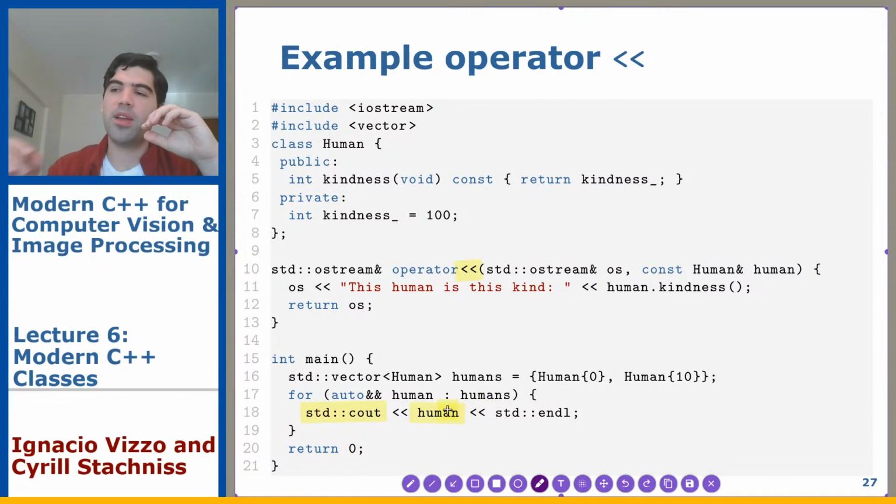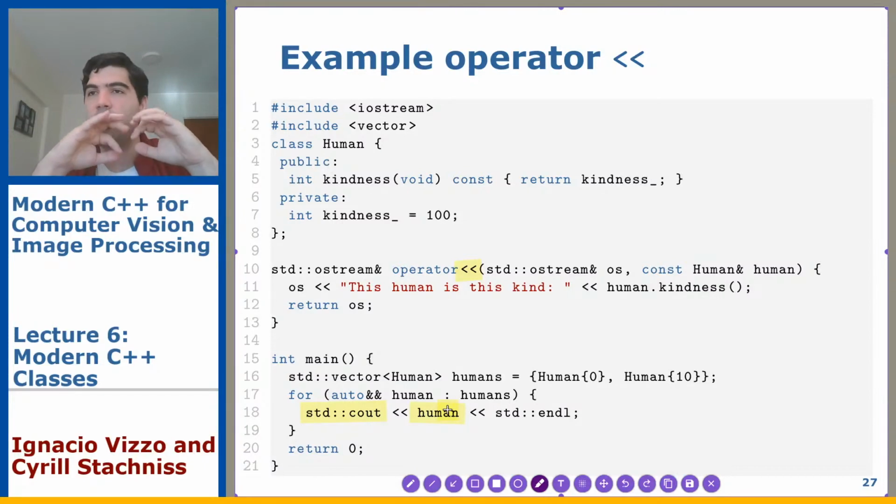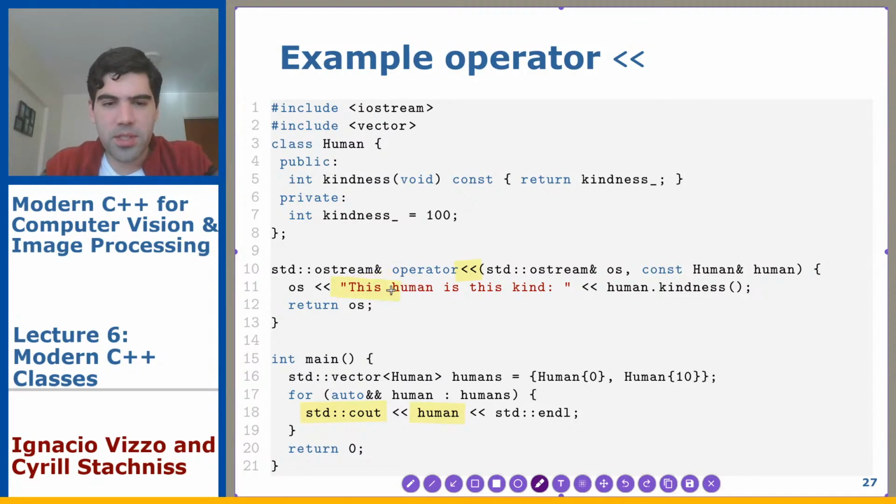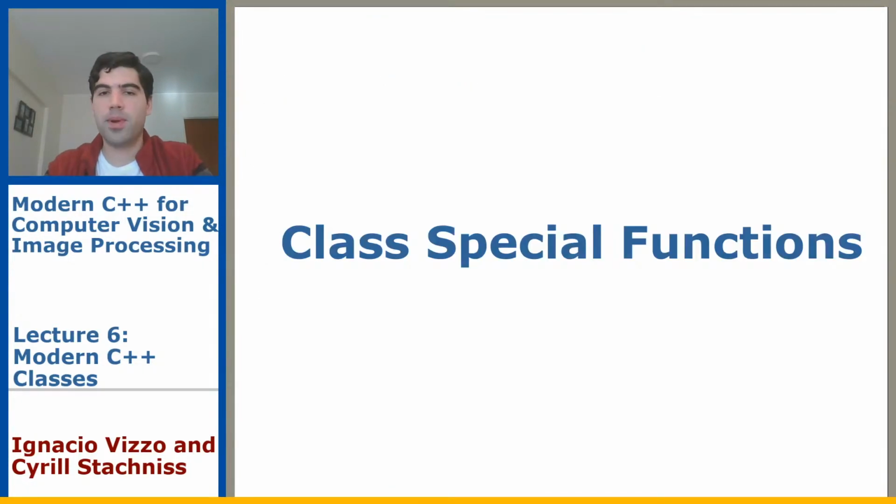Instead of writing your own human dot whatever, you can just overload the operator for all streams, and then you will basically print this message: this human is this kind, whatever, and then you, for example, call the kindness that will give you the value of this data member. Again, it's better if you try it at your place to understand the functions.